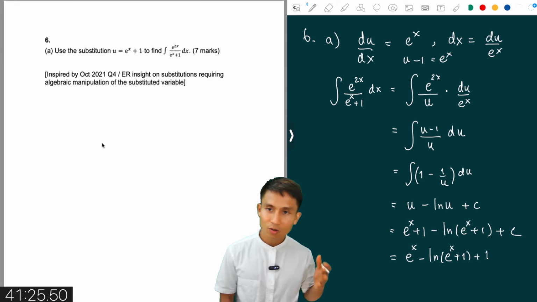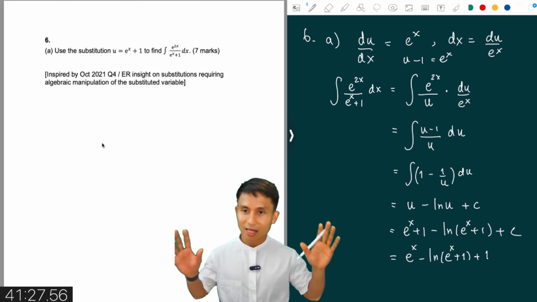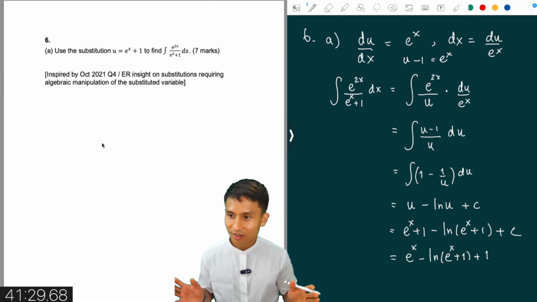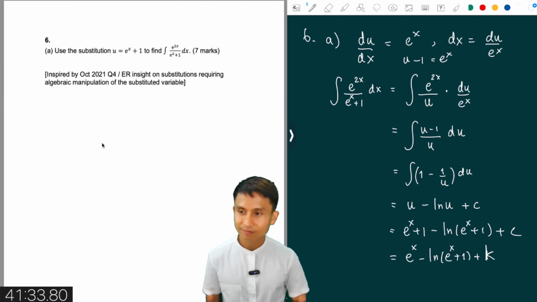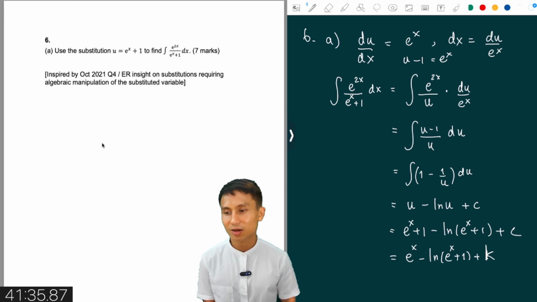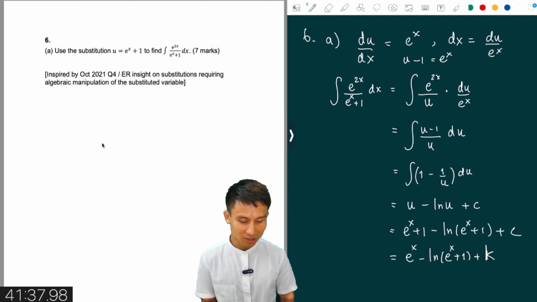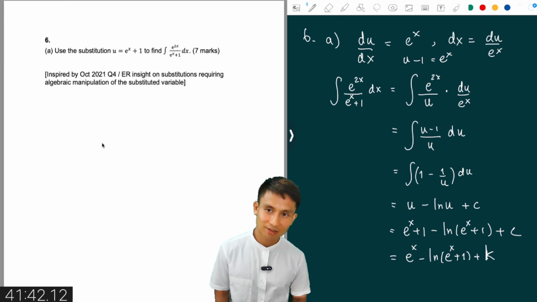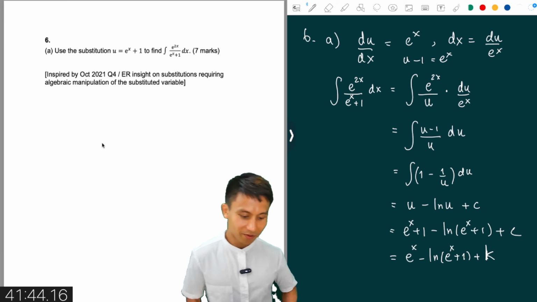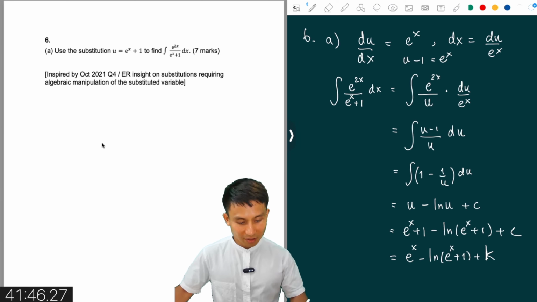But you see, 1 and c here are the same thing. They are constants. So you can just merge everything and say this is, let's say, a k or something. Or c, that's fine. A k or c or a d or any letter you like, but not x. Right? Now I merge c and 1 together. So that's the answer there. All right? Not too bad. Okay.